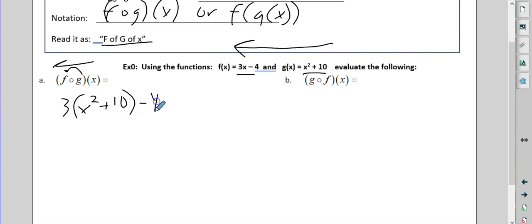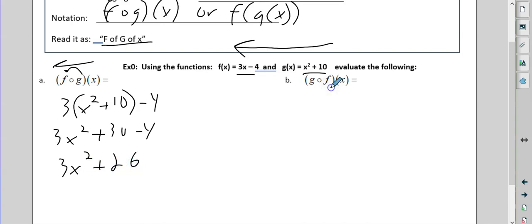And then we don't forget this minus 4. So this is really 3 times x squared plus 10, minus 4. And now we just simplify by distributing: 3x squared plus 30 minus 4, 3x squared plus 26.